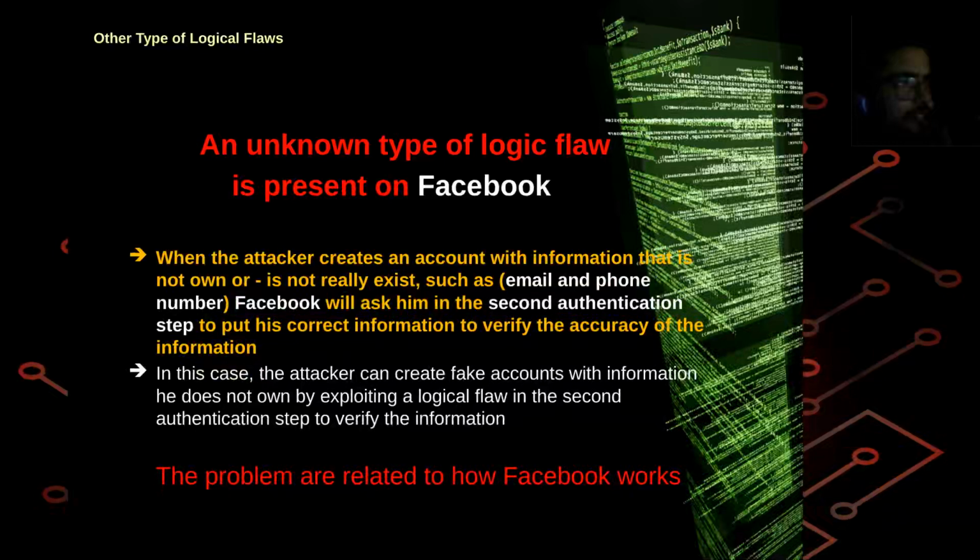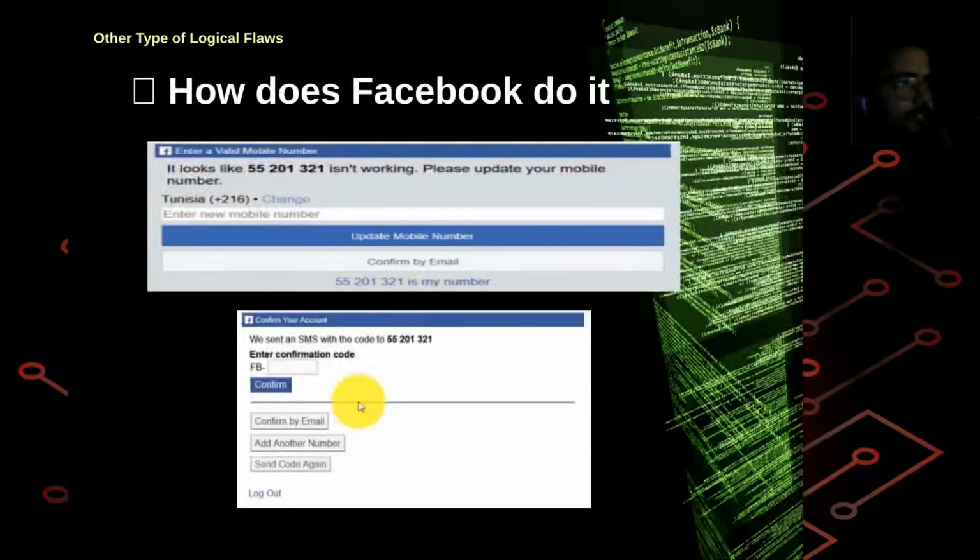The problem is related to how Facebook works. As you can see here, how does Facebook do it? From these two pictures, you can see the wrong number that we put in Facebook. Facebook tells us that this number isn't working, so we need to edit our real phone number.